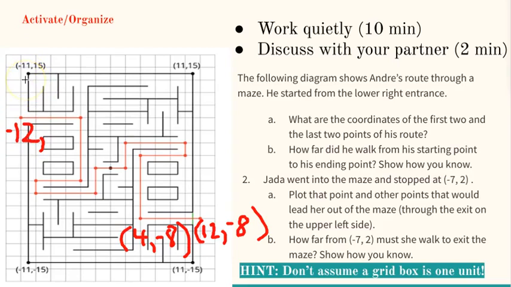This is 14, 12, 10, 8, and then we have 10, 8, 6, negative 4, and that's on the same y, so that's 8.